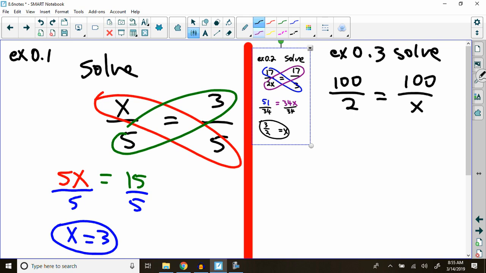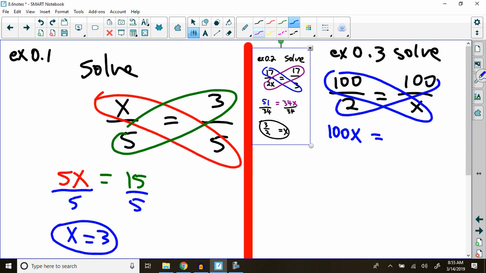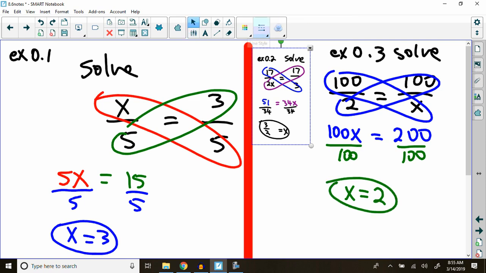So we have to cross multiply to solve, right? That's what they tell you. So 100 times x is 100x. 2 times 100 is 200. So then we would have to divide by 100. Divide by 100, so x equals what? 2.